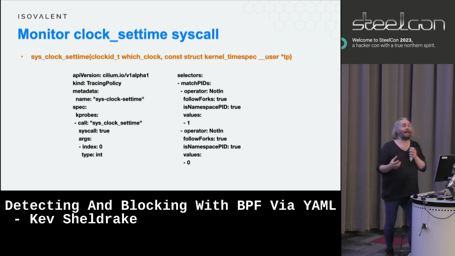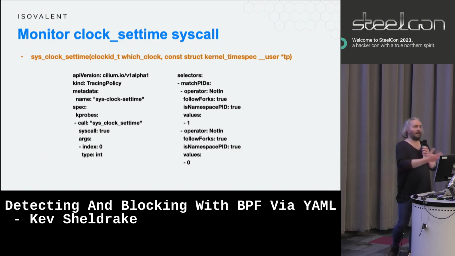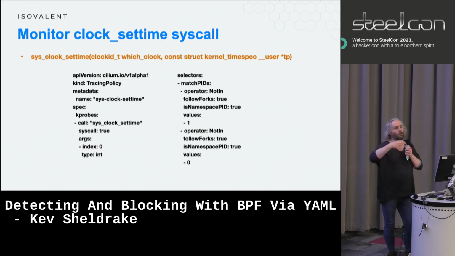And so in a container, your initial process will be PID 0. But outside the container, that'll be PID 17,058 or whatever, right? So there's different views from where you sit as to what IDs things have.